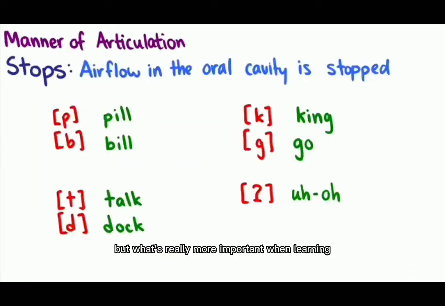But what's really more important when learning sounds is the manner of articulation. So every sound has a place and a manner and a voice. Manners are the different types of sounds, and this is what the airflow is essentially doing.